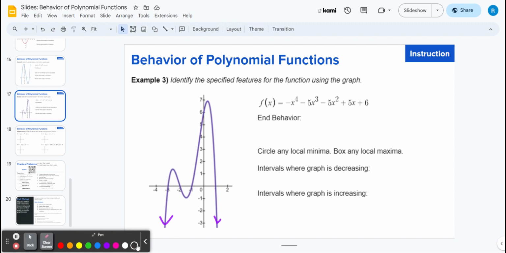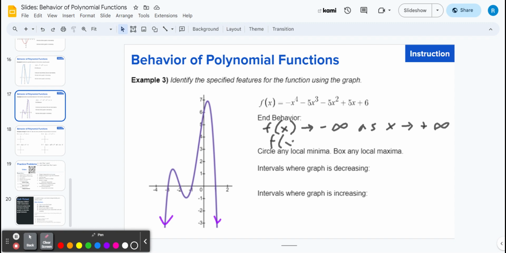So try this on yourself to identify the end behavior, then come back and check your work. But it looks like as we move right, the graph goes down. As we move left, the graph goes down. So our statements are very similar. f of x approaches negative infinity as x approaches positive infinity.